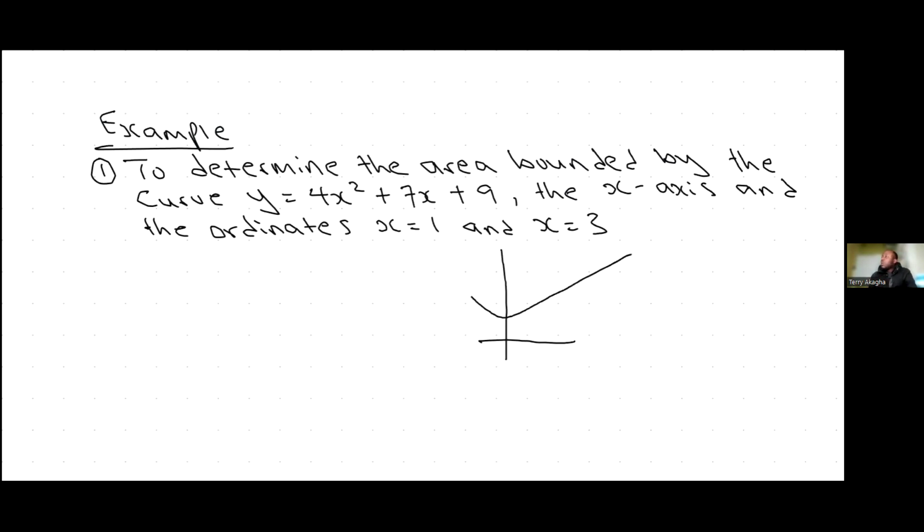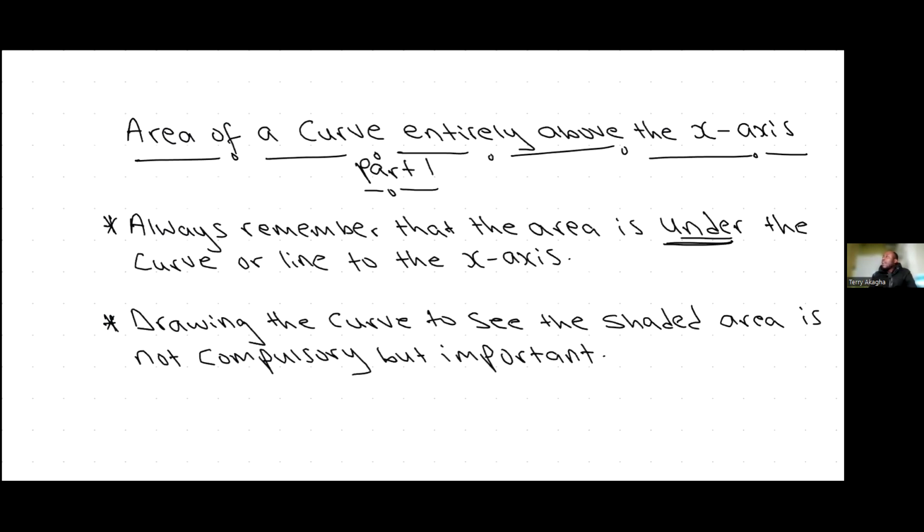So we have this curve here, and we're told that x is between 1, so this is 1 here, and 3. Let's assume 3 is here. The question wants you to find the area under the curve. Remember I said in the first slide that the area is under the curve or the line to the x-axis.